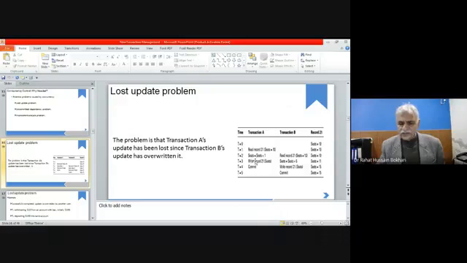After that, A committed. What A had done was seats plus one, so when it committed at T3 with write record, the seats were 11, and it committed this change. Furthermore, transaction B does write record.